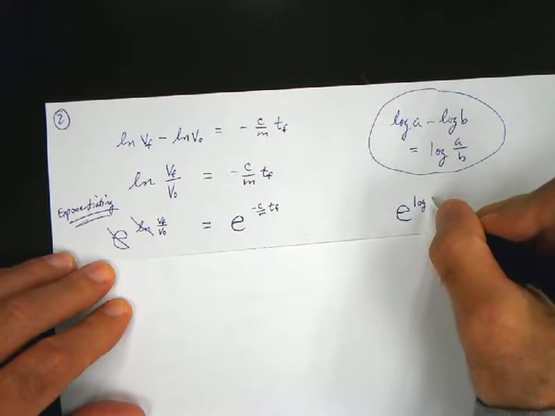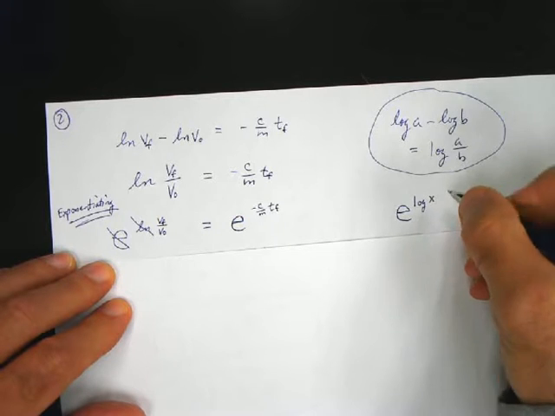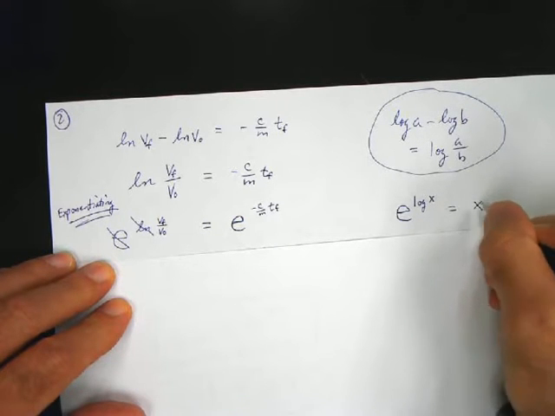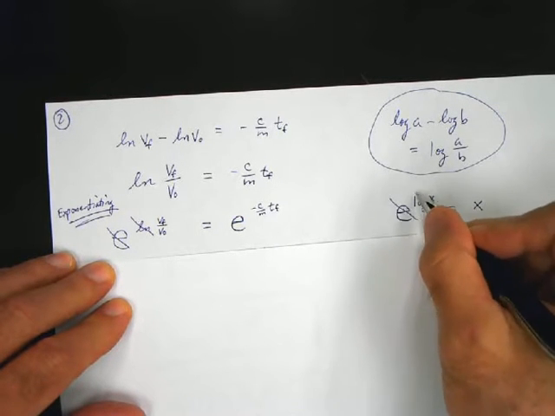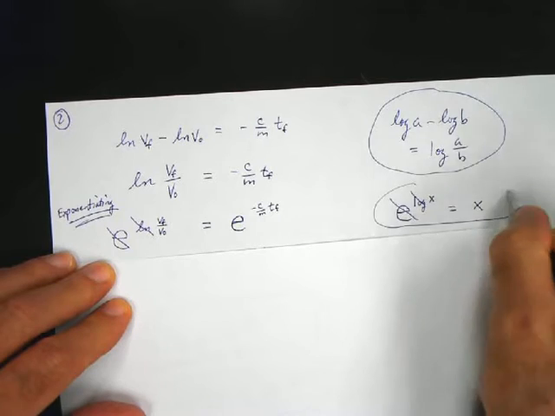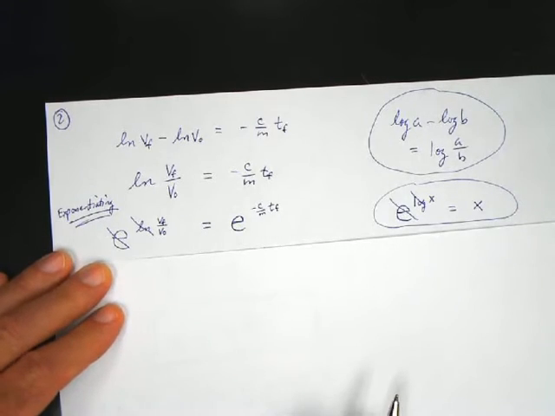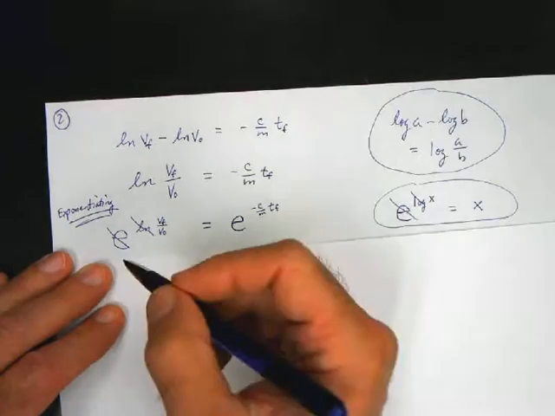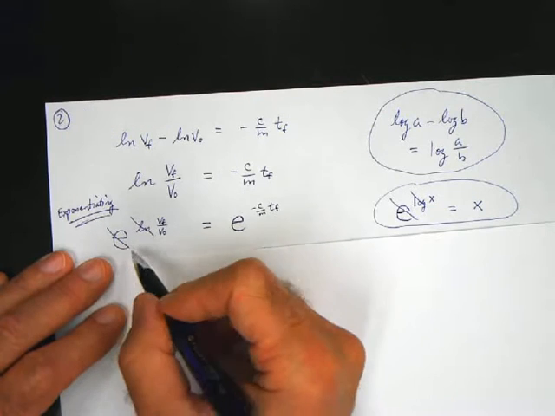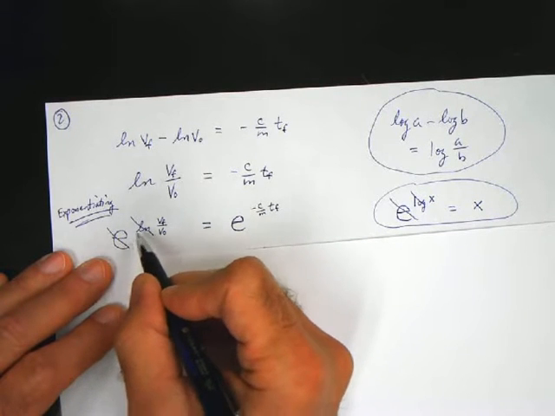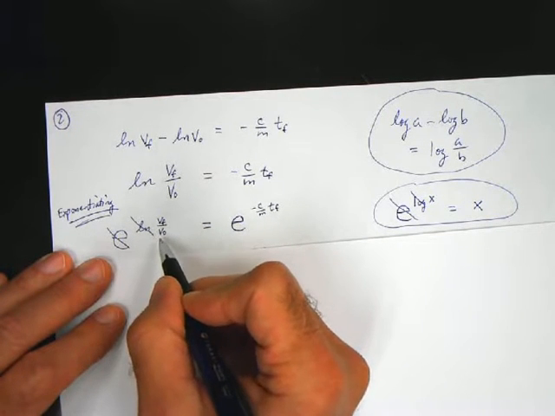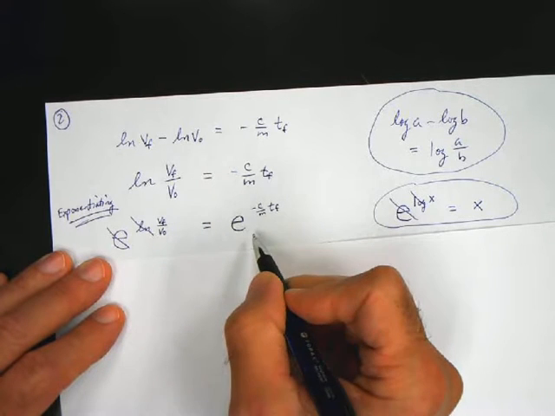Now, there's another rule of logarithms. It says if you take e to the log of, say, x, that's equal to x. Basically, the e undoes the logarithm. So we're just using rules of logarithms there.